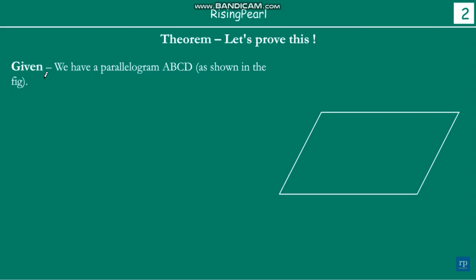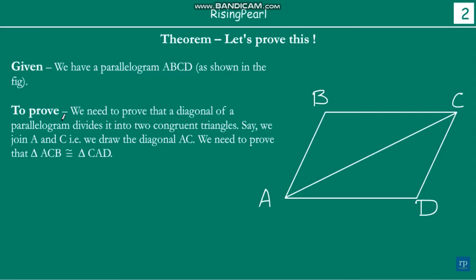Let's prove this. What's the given part? We have a parallelogram ABCD. We name this as ABCD, and cut a diagonal. We want to prove the diagonal of a parallelogram divides it into two congruent triangles.